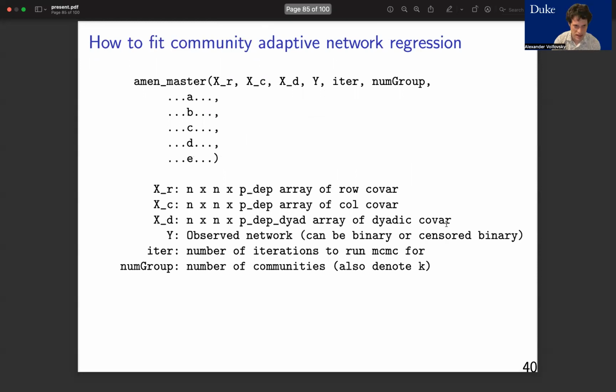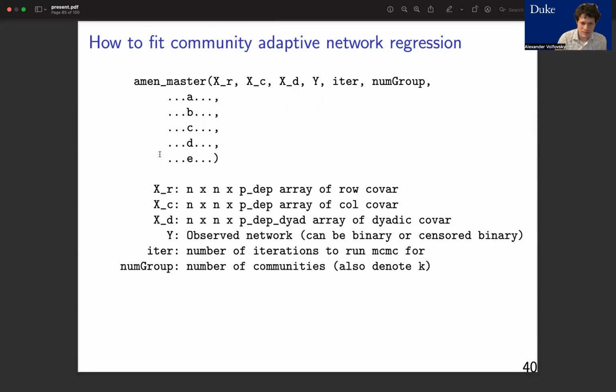What's important is that mainly everything in this function is essentially the same as in the AME function in the package. You need to feed it some observed network. In this case, we're dealing with binary and censored binary ones, but this is easily adjusted for continuous data as well.